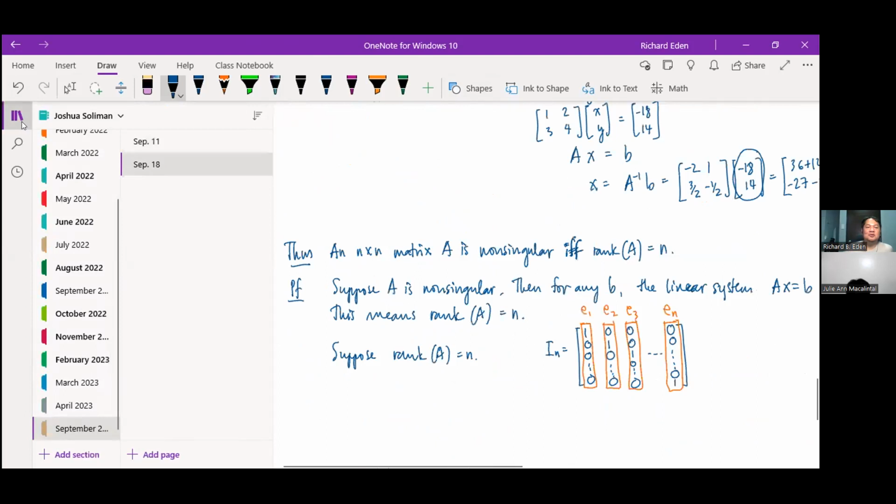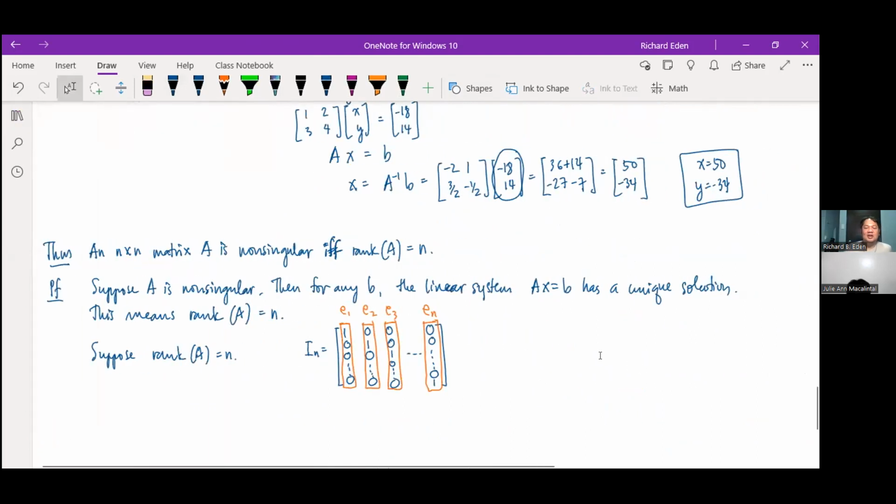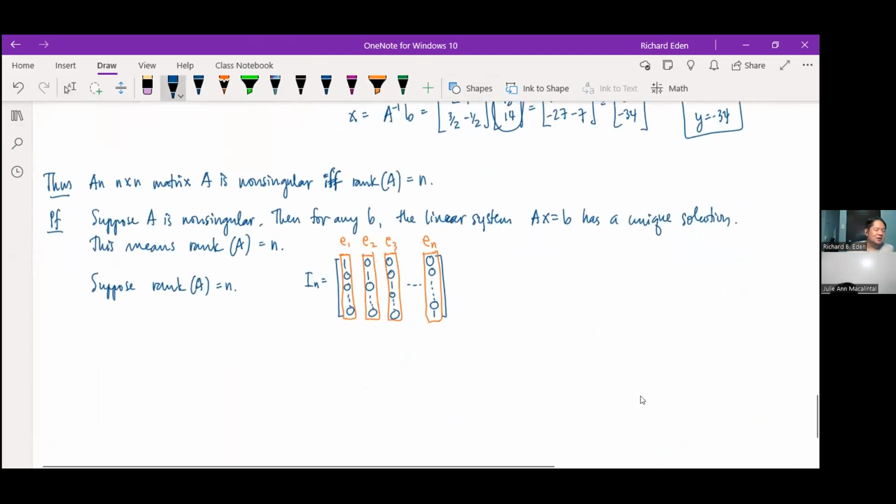So I'm going to use as the column vector B these E1, E2, E3, until E sub N. Let X1 be the unique solution of AX equals E1.